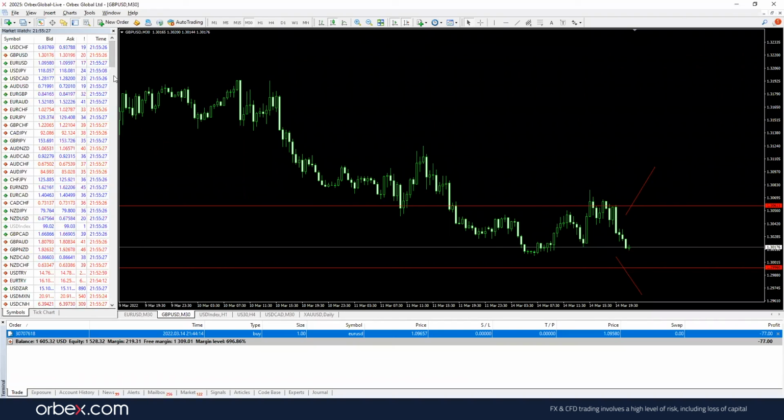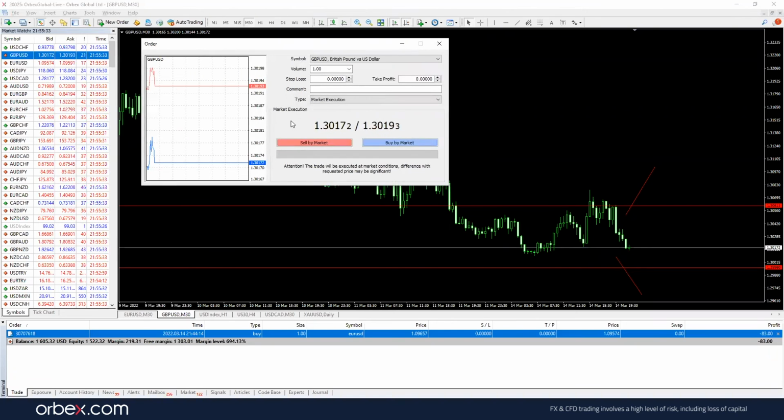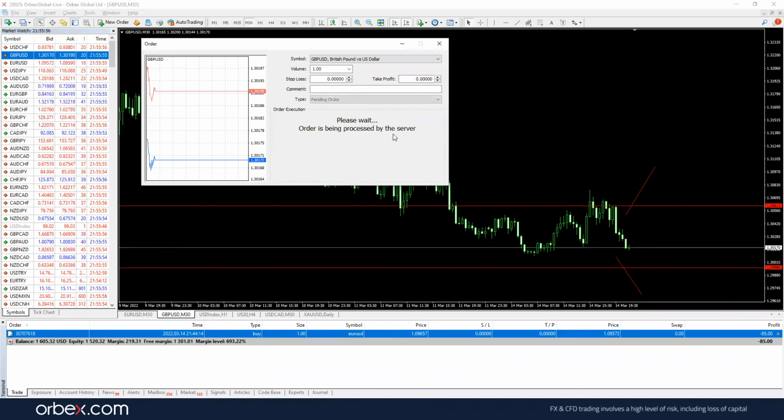So we've got pound dollar. Where we go, we open the order box, we go from market execution to pending order. And then this is the choice of pending orders that I have: buy limit, sell limit, buy stop, sell stop. So I want to do a buy stop first of all, and I believe it's going to go at 1.3061 and then place.